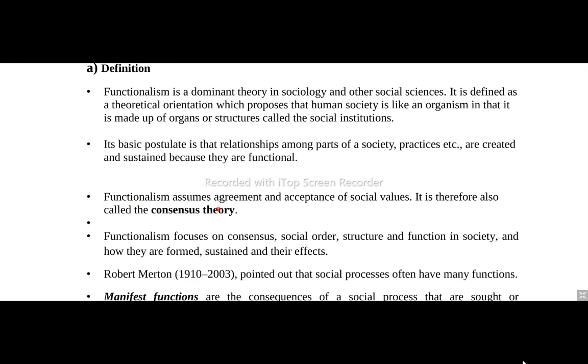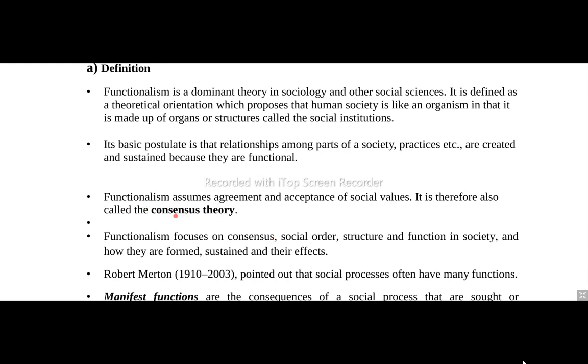Functionalism assumes agreement and acceptance of social values. It is therefore also called consensus. That means within these social institutions, they agree and accept social values. They maintain the same social values.